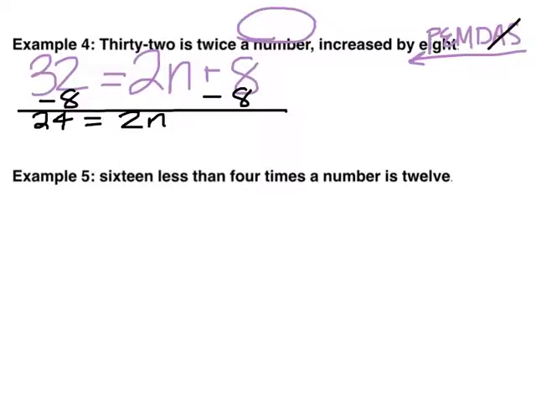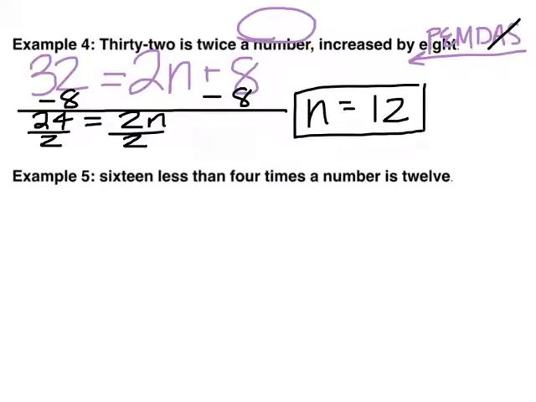This is 2 times a number. You undo multiplication by dividing. 24 divided by 2, n equals 12. If we plug that back into the original problem, 32 is twice of 12. Twice of 12 is 24. 24 plus 12 is 32.